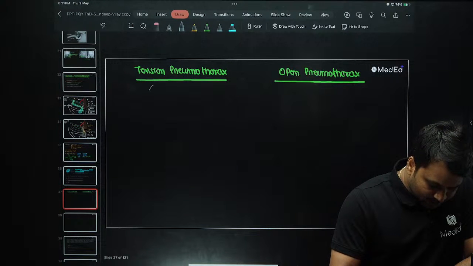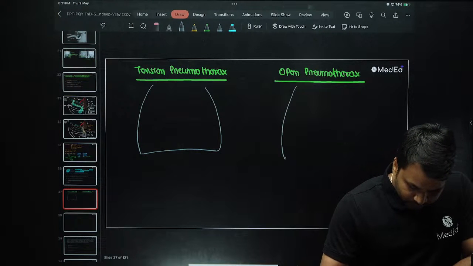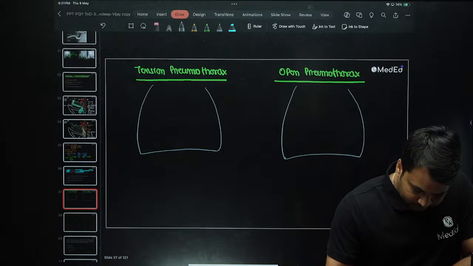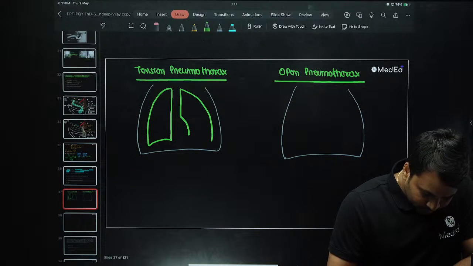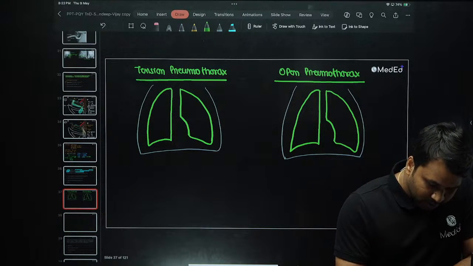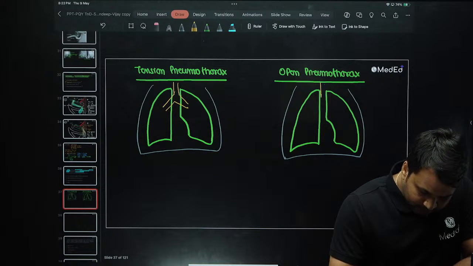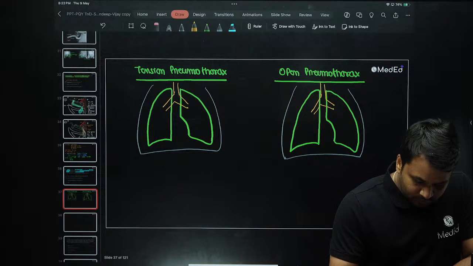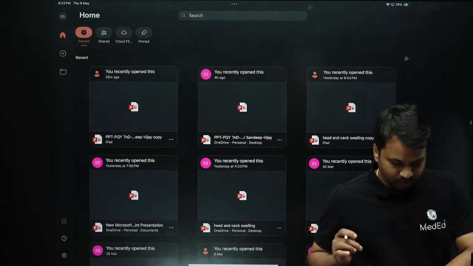Let's say this happens to be the thoracic cavity that we're talking about.